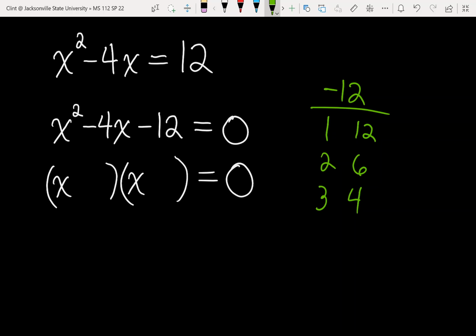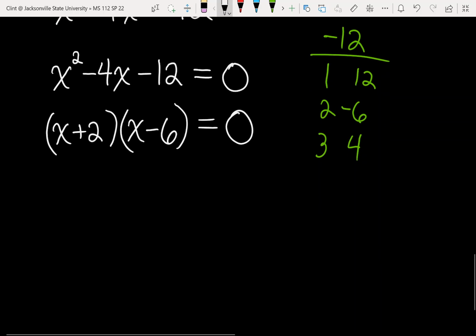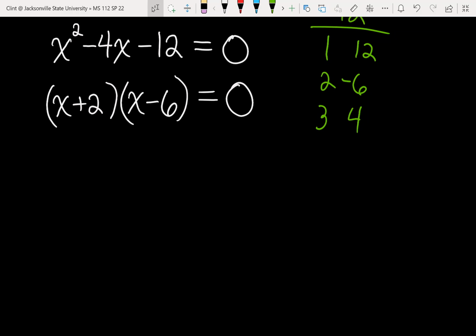We're trying to get negative 4. Let me see the ones that work. Yeah, 6 and 2, which one's negative? 6. We want the bigger one to be negative because we want a negative number in the middle. So here we can use plus 2, minus 6. Now we've got two numbers multiplied together that equal 0.